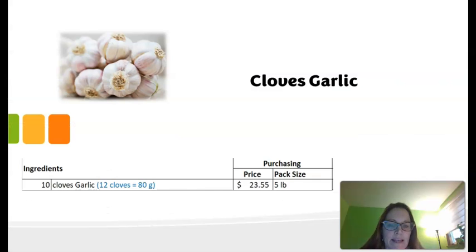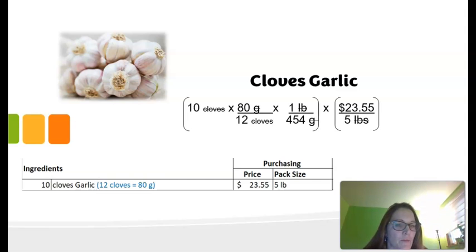For our garlic, we need 10 cloves, and we have here that 12 cloves is equivalent to 80 grams. Our price per unit is $23.55, and our pack size is 5 pounds. So we can see here that our units do not match, so we need to do some conversions in our calculation.